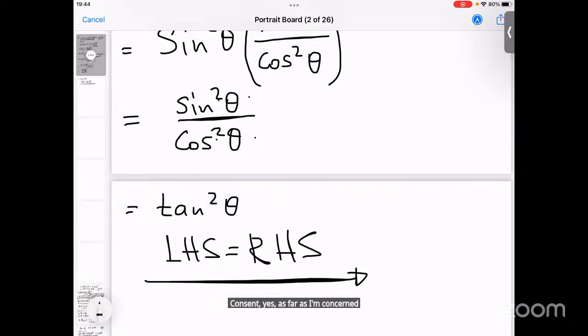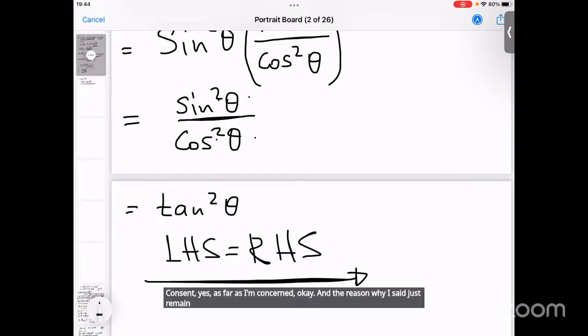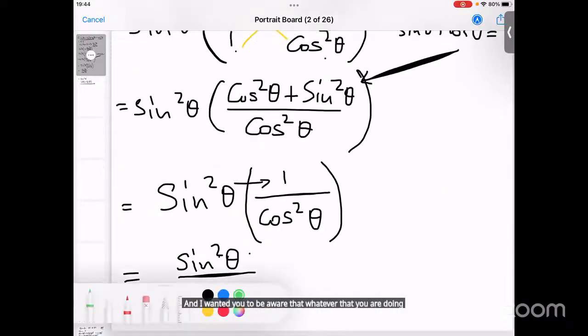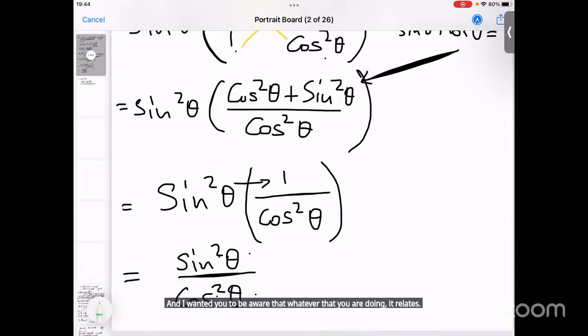Okay. The reason why I said just remain is because I wanted you to be aware that whatever you are doing leads to where you now deal with surnames such as cos, sine, and tan.